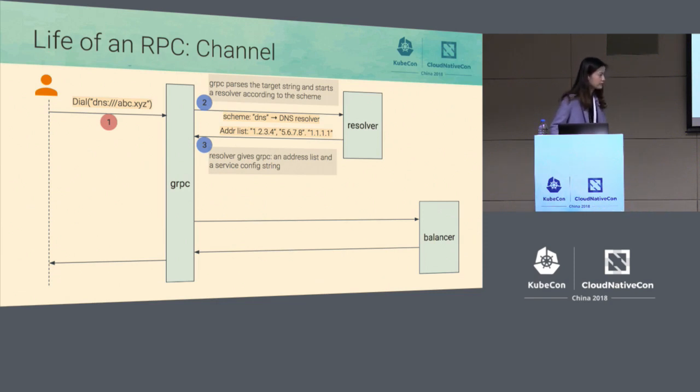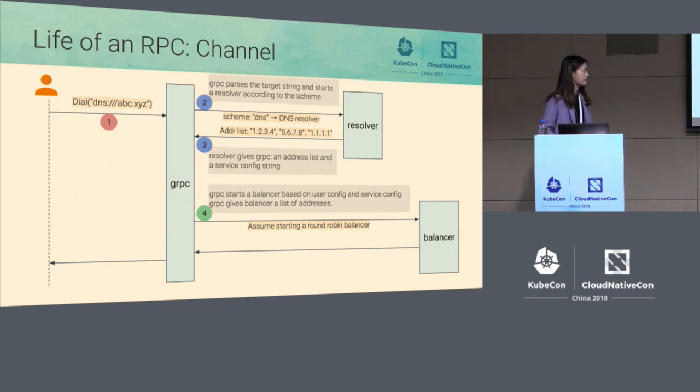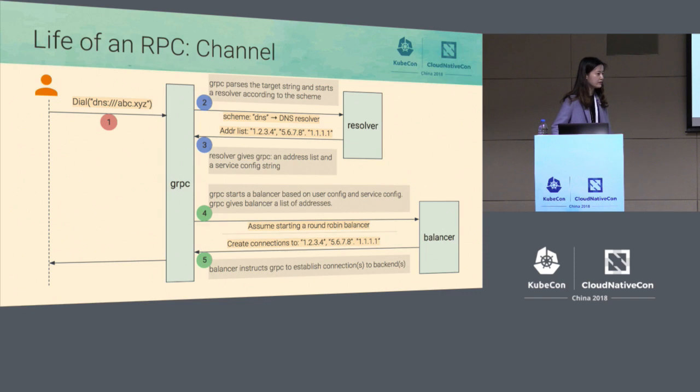Once gRPC receives the address list, it will start a balancer based on the user config or the service config. Both of them can configure the balancer to be used for this channel. Let's assume that gRPC decides to use the round-robin balancer. So it will start the round-robin balancer and pass the list of addresses to the balancer. The balancer will, depending on its balancing policy, instruct gRPC to create connections to the backends.